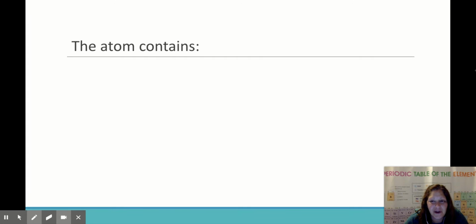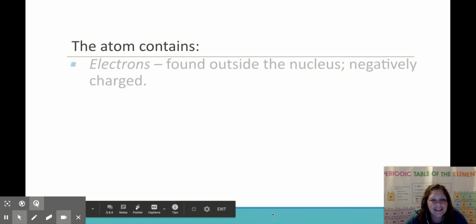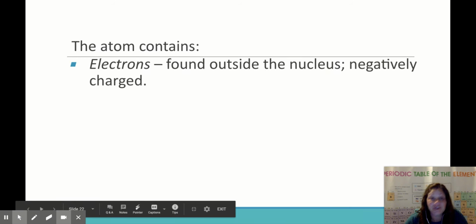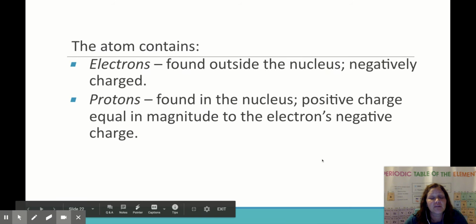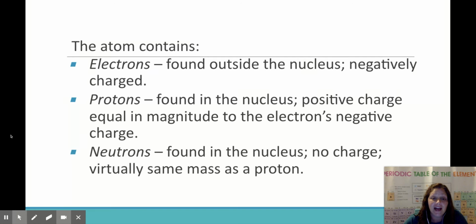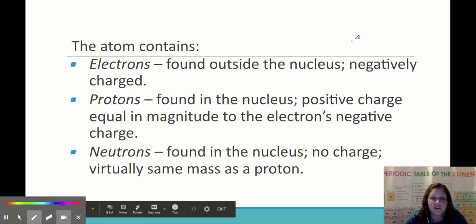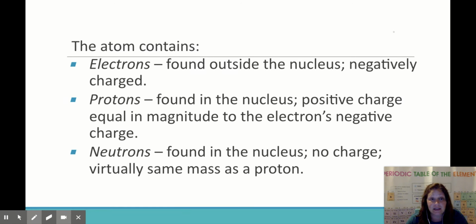We also know that the atom contains electrons outside the nucleus that are negatively charged, protons in the nucleus that are positively charged, equal to the magnitude of the electron's negative charge, and neutrons found inside the nucleus. They have no charge, but they have just about exactly the same mass as a proton. Remember that these electrons are found in areas of high probability called orbitals.